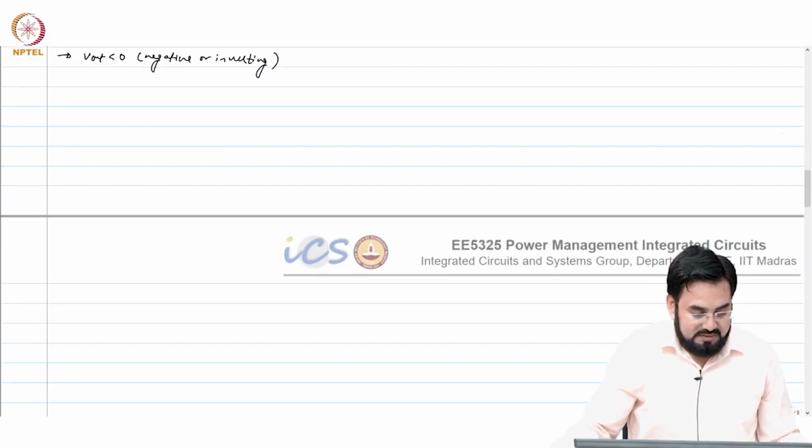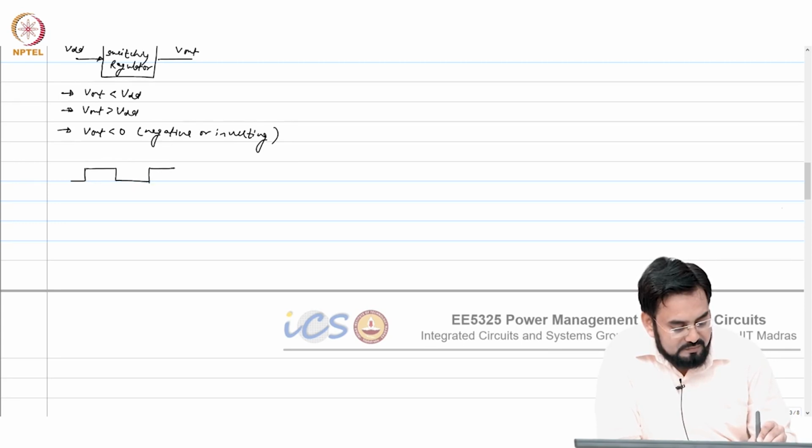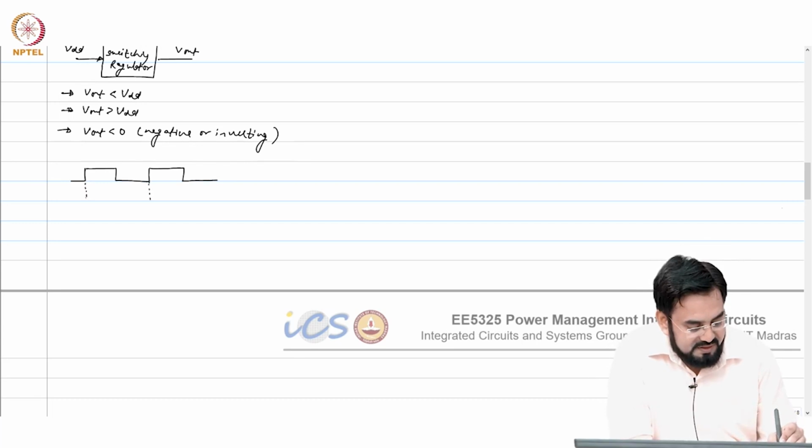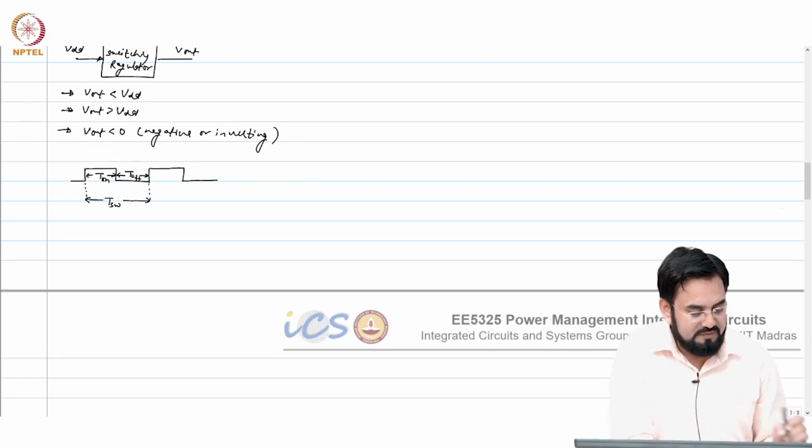So, how does it work? Let us say I have this PWM signal with a period of, let us say, TSW, and I call this Ton and this is Toff.